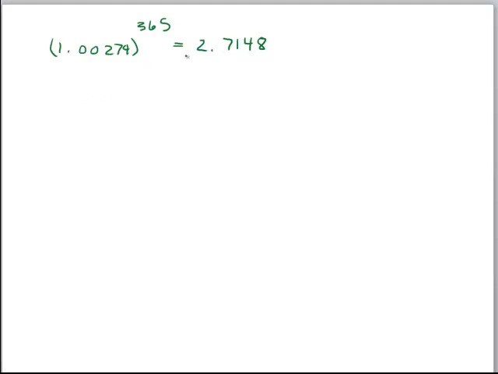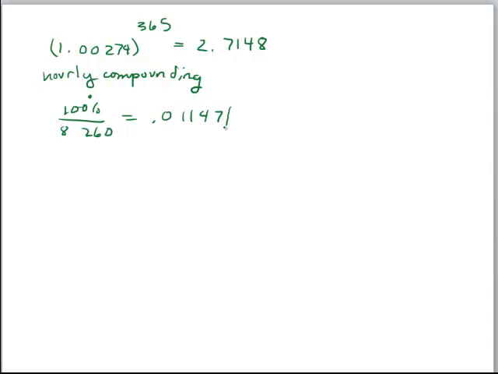Okay, well, we can do that, but what if we can get more granular? What if we decided to do hourly compounding? Well, then we'd have what, 100% over 8,760. That's how many hours in a year. And that's 0.01147 per hour.